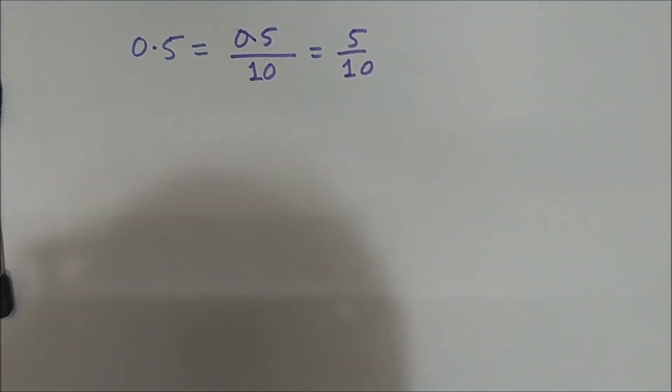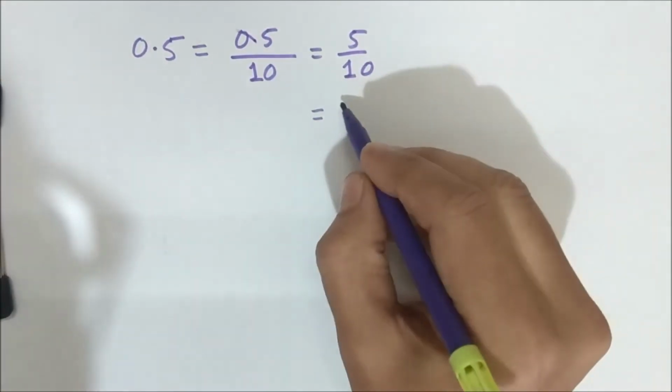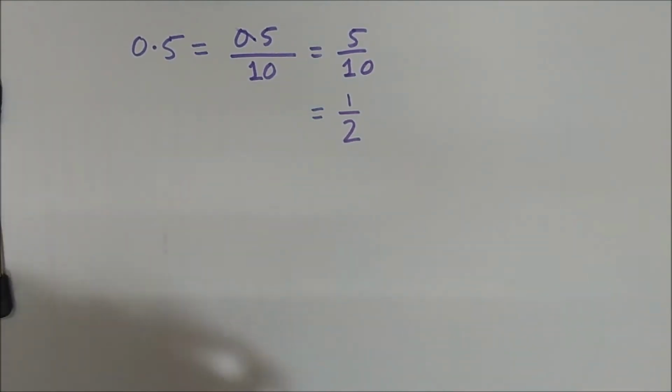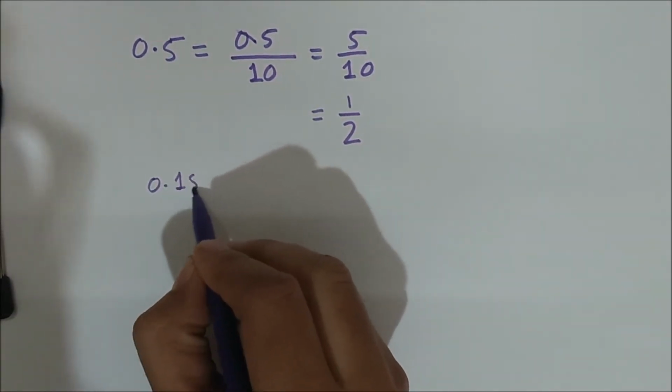This is mathematically completely correct to write as 5 by 10, but people want a more simplified form, so it becomes 1 by 2. That's how 0.5 can be changed to a fraction, that is 1 by 2. Take another example, 0.15.